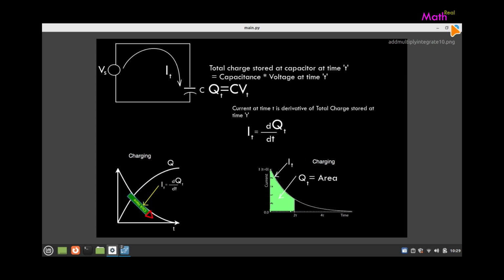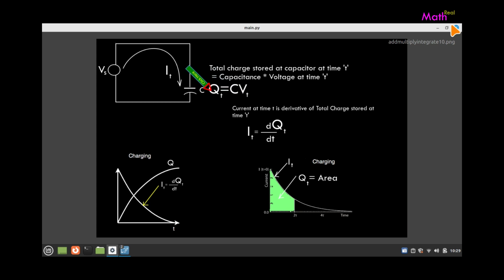If I connect a voltage to a capacitor, slowly the voltage across the capacitor would start growing. If the voltage across the capacitor grows, and I multiply by capacitance, I get how much charge it has collected at that time.